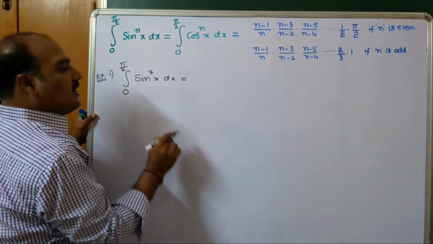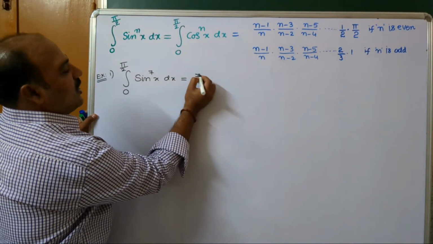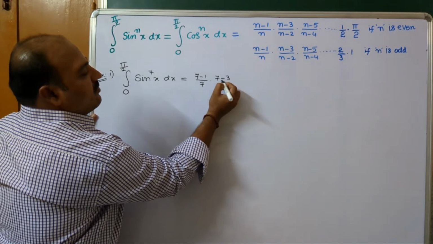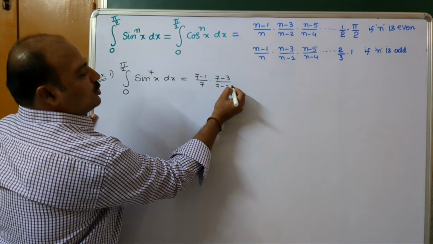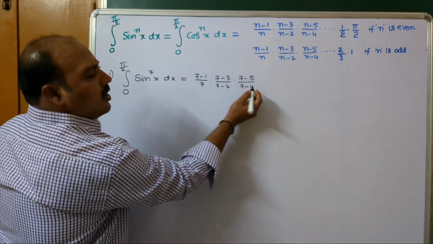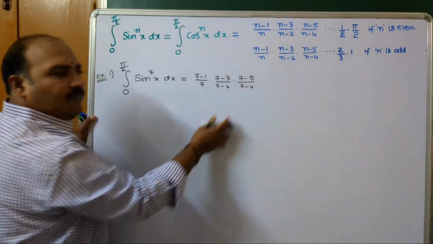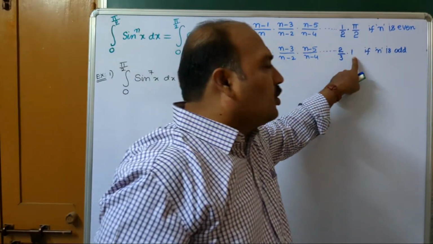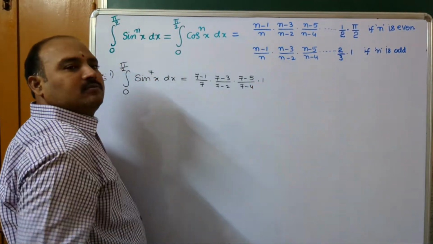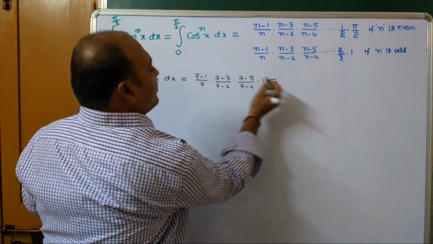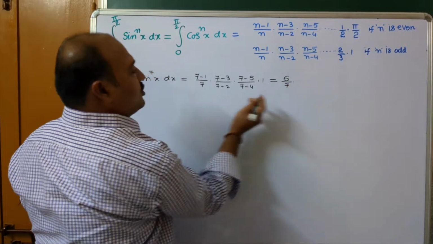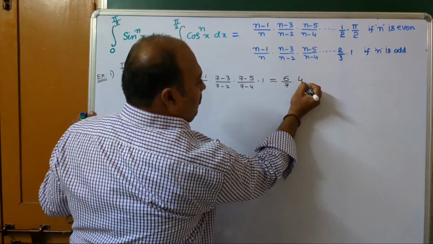N minus 1 by n, that means 7 minus 1 divided by 7. Next, 7 minus 3 by 7 minus 2, 7 minus 5 divided by 7 minus 4. Here you get 2 by 3, and whenever 2 by 3 is there you should multiply with 1, so we can stop there. Now we can calculate: 7 minus 1, 6 divided by 7, into 7 minus 3, 4.